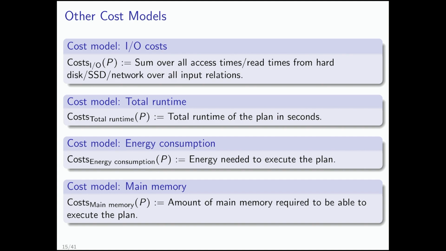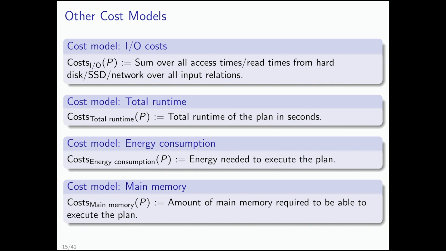Whenever you are bound by this, basically? Yes, correct. Perfect answer. So whenever I'm bound by disk, when the bottleneck is the I/O, then this is a good cost model.